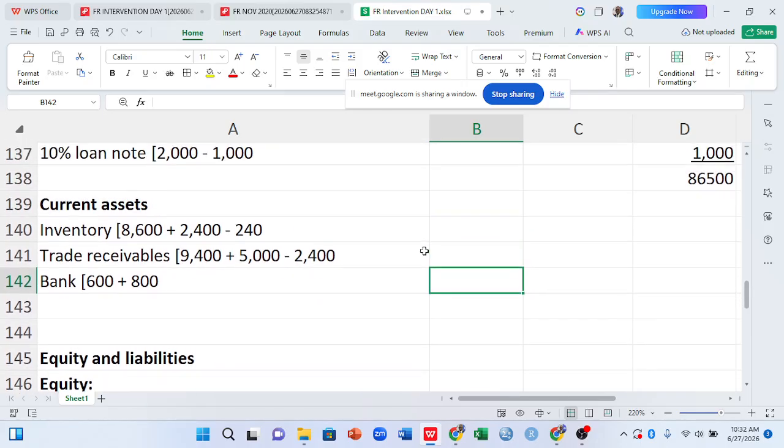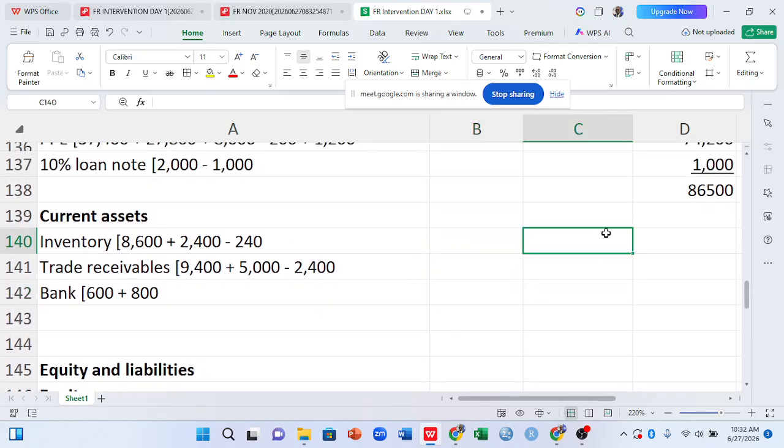Okay, so let's find the respective totals for each. Inventory. Let's get the totals, then I'll pick your questions. Let's finish with the totals. Inventory is 10,760.